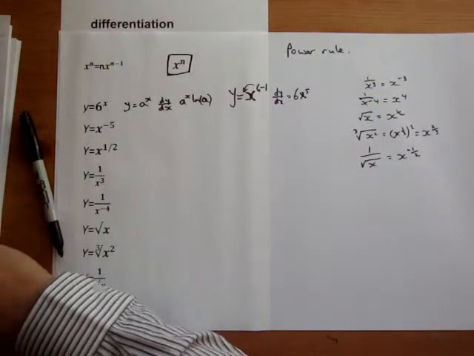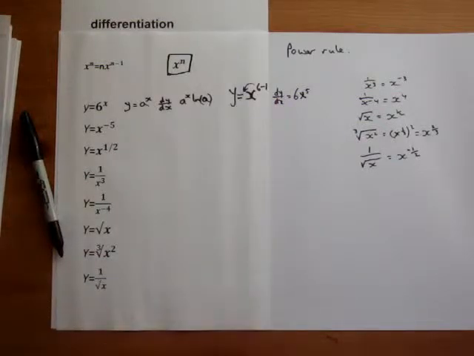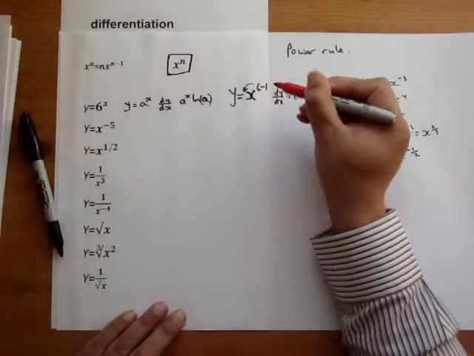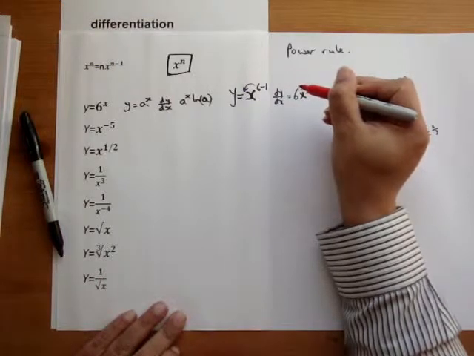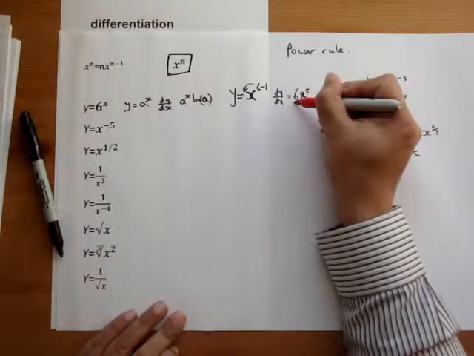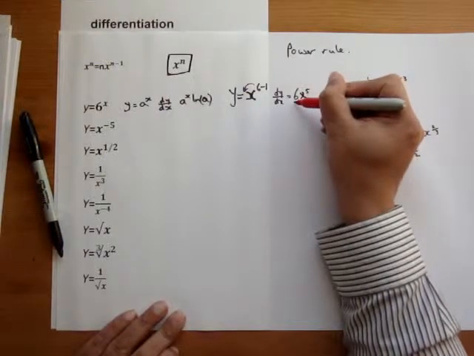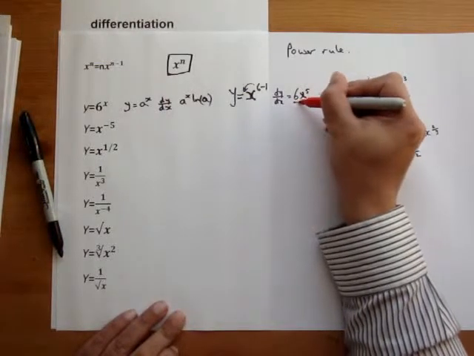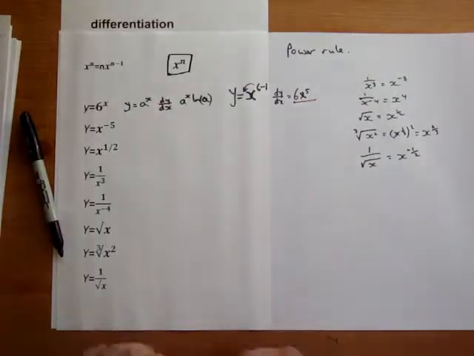So the derivative of x to the power 6 is 6x to the power 5. Okay, let's carry on.